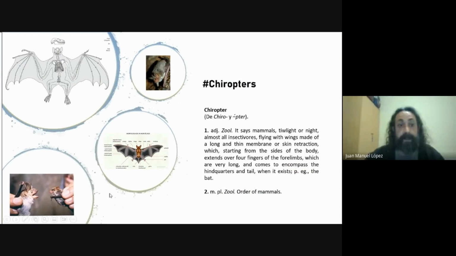Okay, we are going on with chiropters. Chiropters are mainly bats, these mammals that can fly, and they have wings. The bones are also large. For example, in Europe there are bats that eat fruits, that are frugivores, and also bats that are insectivores like the other small mammals.